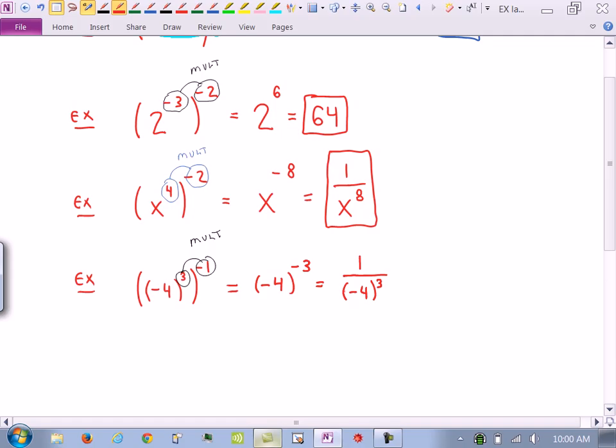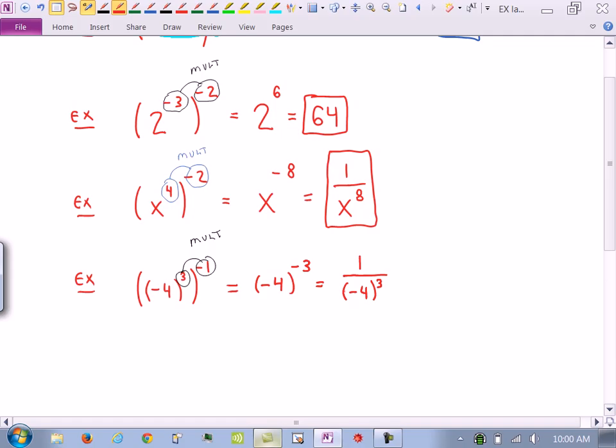Now, in this problem, it's not going to make too much of a difference with the parentheses, but if it was an even number like 2 or 4 up here, it would totally change things, because hopefully you remember last class I did a problem with parentheses and without, and I showed you there are 2 different answers. So we have to keep the parentheses until we actually do the cubing of the -4. So what's -4 cubed?